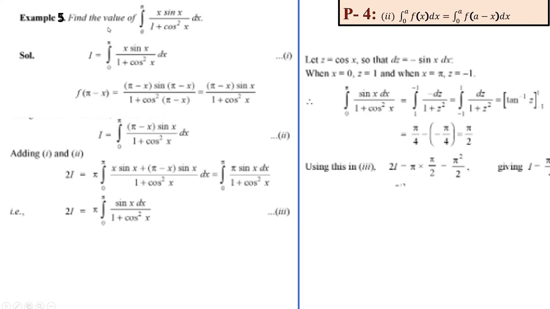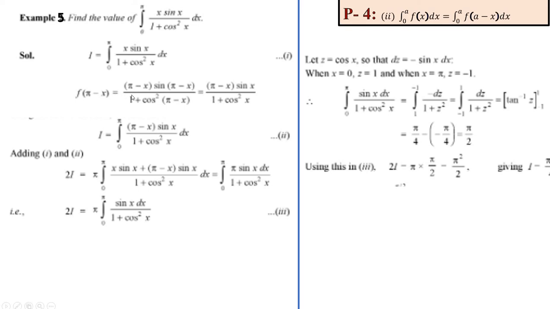Now the next one, find the value of integral 0 to pi x sin x by 1 plus cos square x. So take the given one as x sin x, I as what is given, and find f of pi minus x. So we have to make use of the P4, so we are doing this.